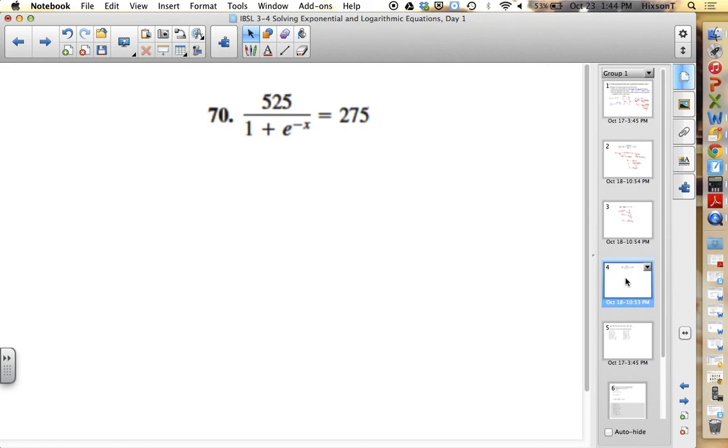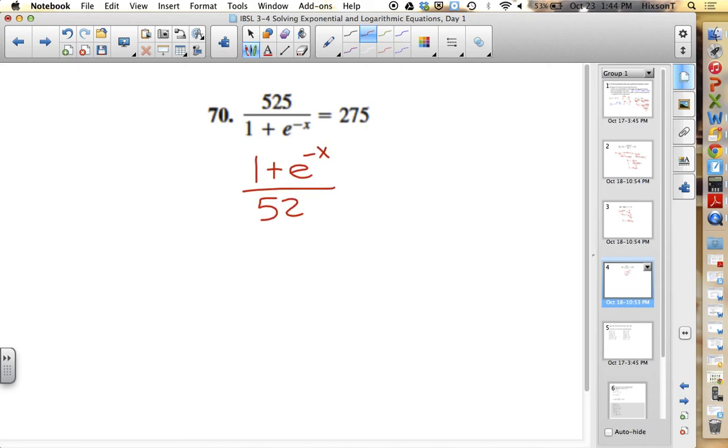What's the first thing we could do here? Multiply both sides by the denominator, or take the reciprocal of both sides. That would get it in the numerator. I think you might have screwed up somewhere with the calculator. I think that's 275. Then multiply by 525, subtract 1, take the natural log.